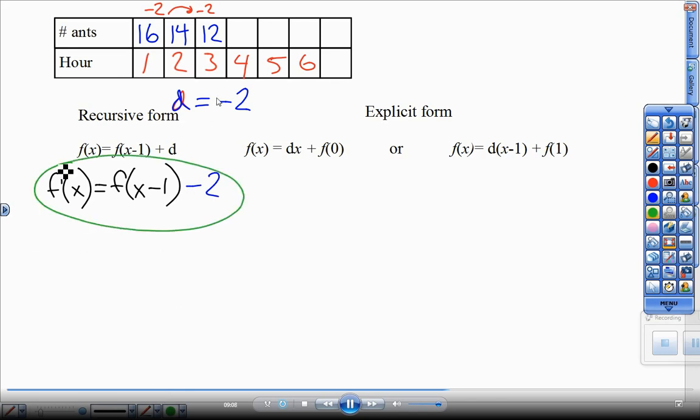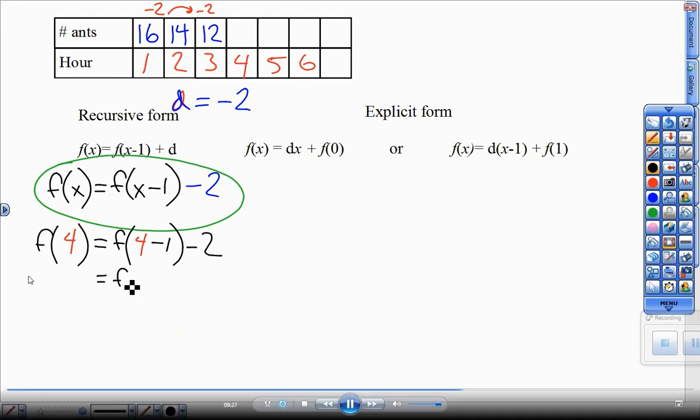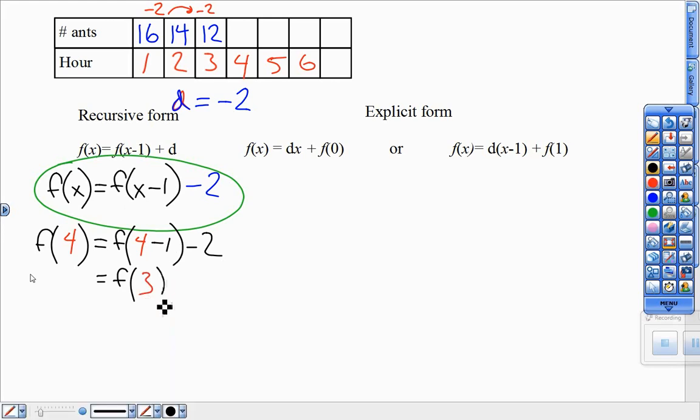If I was to use this to show how I get the fourth term, which is 10, I'm going to plug in 4 right here equals 2 and plug in 4 right here minus 2. This gives me f of 3 minus 2.